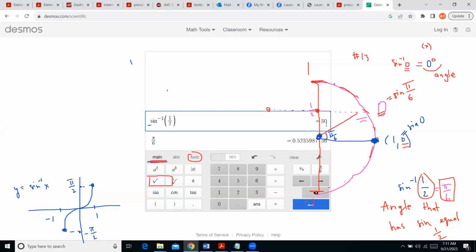But if you know how to use technology, I think it's nothing but a plus, right? So in terms of degrees, we know that pi over 6 corresponds to 30 degrees, then the calculator will give you right away numbers that we're used to.